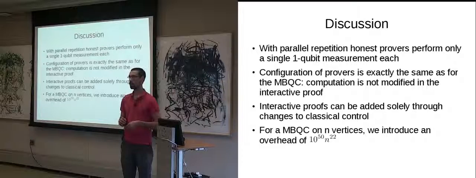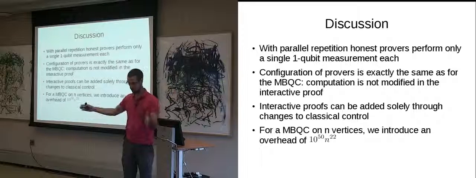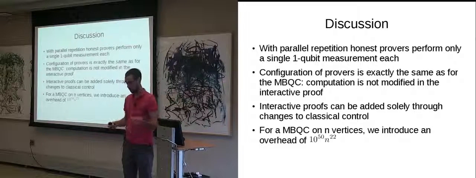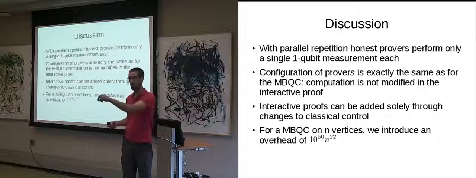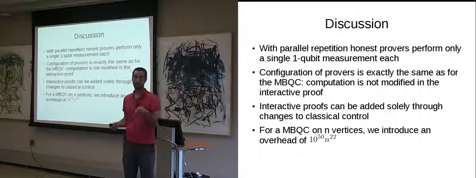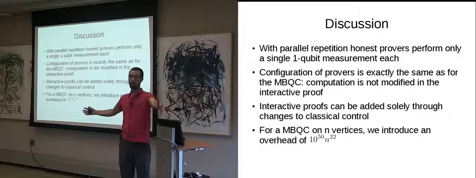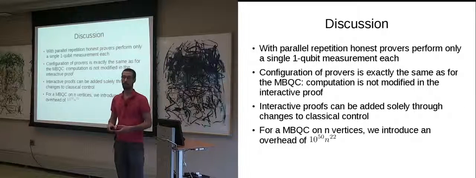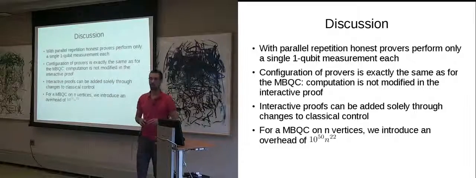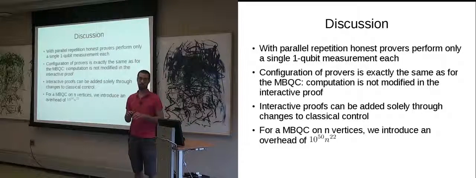I think the answer to that is probably no. You can imagine that you have n provers, one for each vertex, and each one of them has measurements that are off by a little bit, and somehow this might compensate for a large difference in the underlying graph state. So I think that something that scales in n is probably necessary, but I'm not sure.